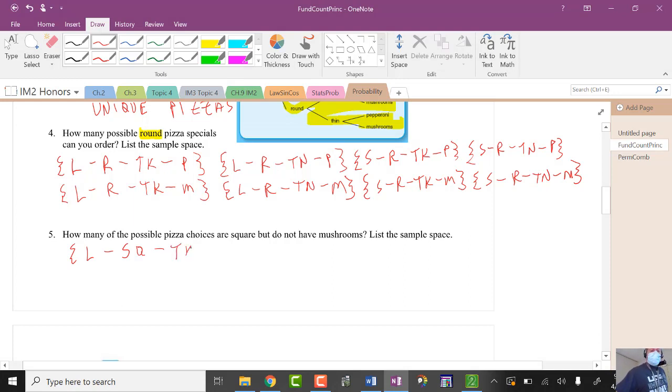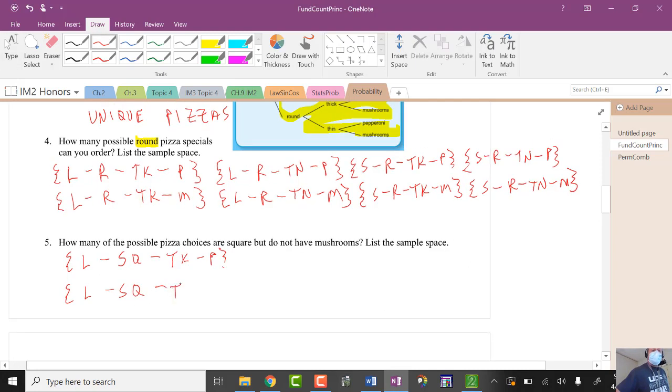So I could have a thick with pepperoni. And then a thin with pepperoni. So I'm taking care of all the larges. And then small, same thing. Small, square.